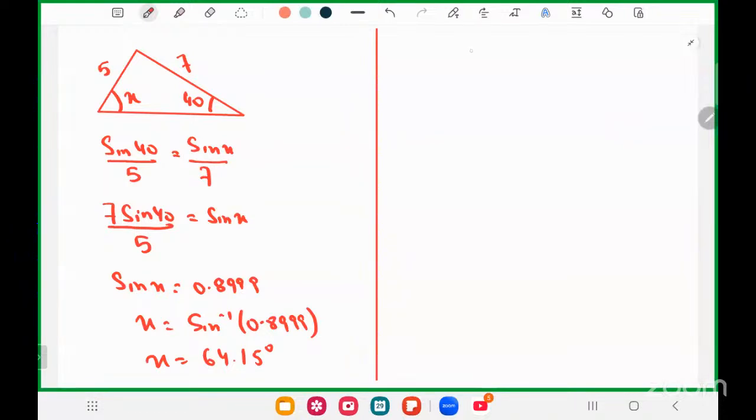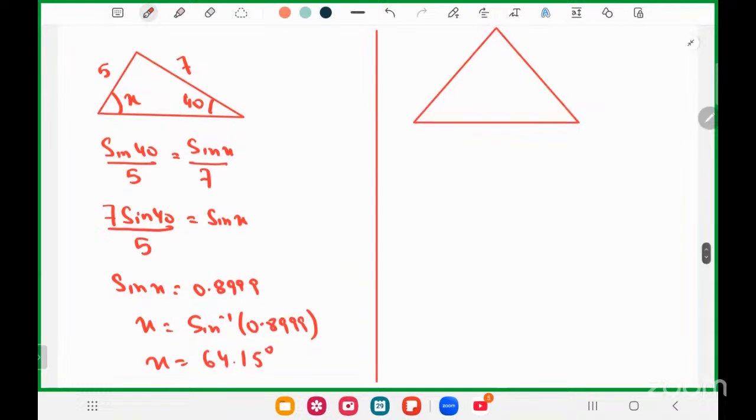Let's say this angle is 60. This angle is 45.